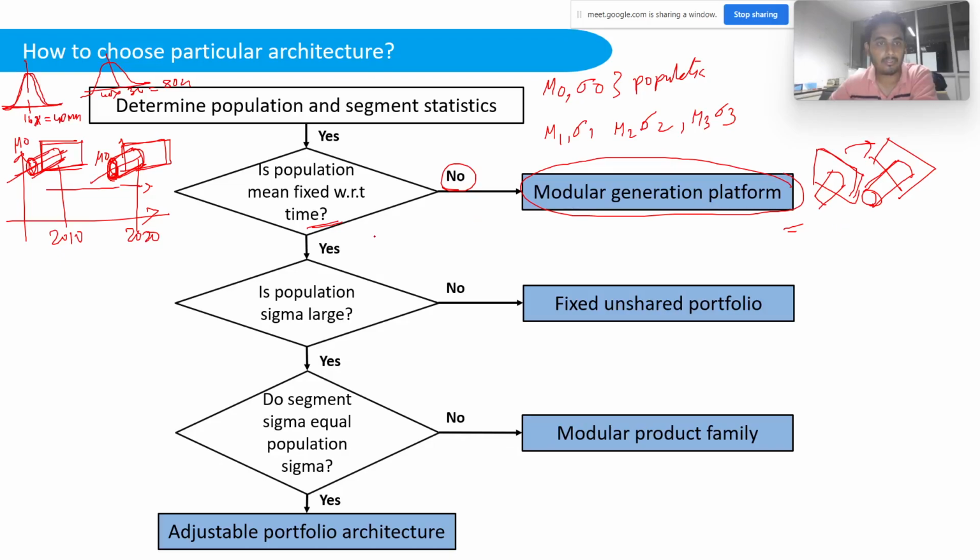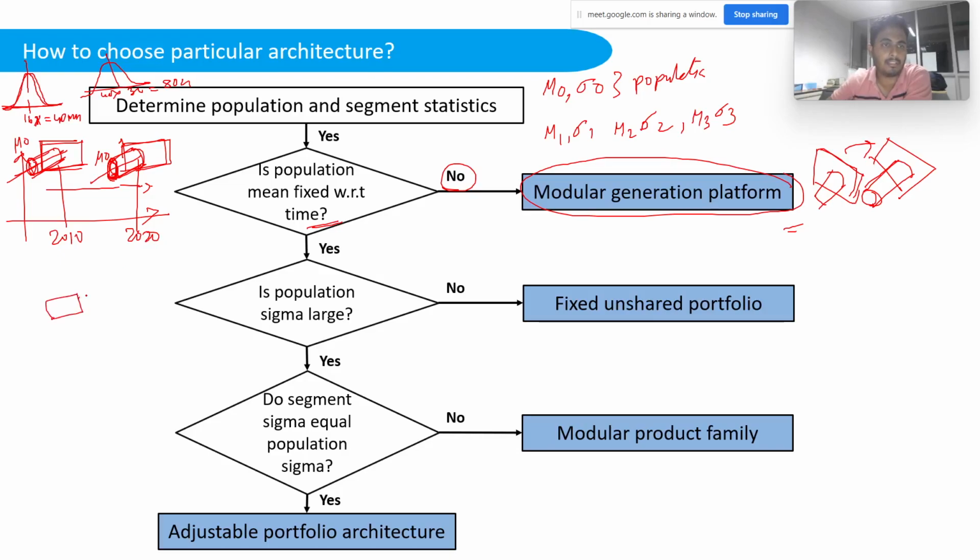Okay, another thing: if the answer is yes, for example, the population mean does not change over time, so we can take a different example. In the case of screwdrivers, the length of a screwdriver does not change over time.